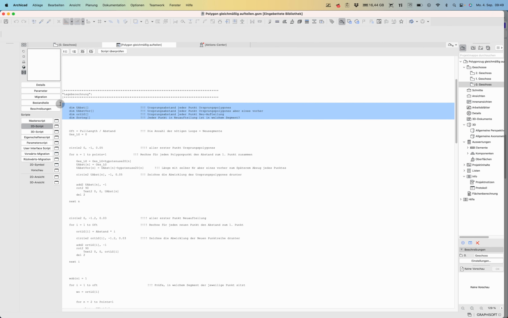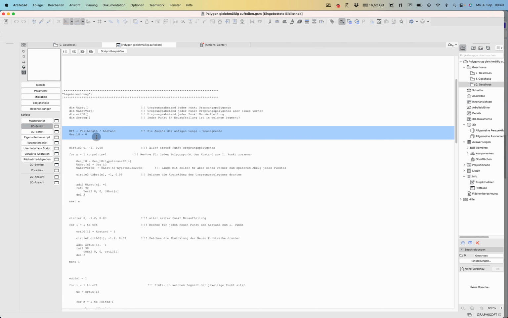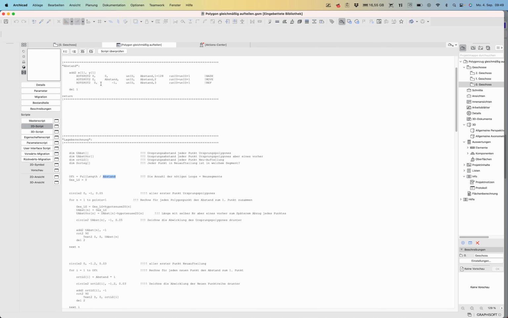First, I did some dims so that I had these parameters. Then I calculated from the full length from Esteban Ramos through this one, how oft it should make it. Oft is the word for often in German.